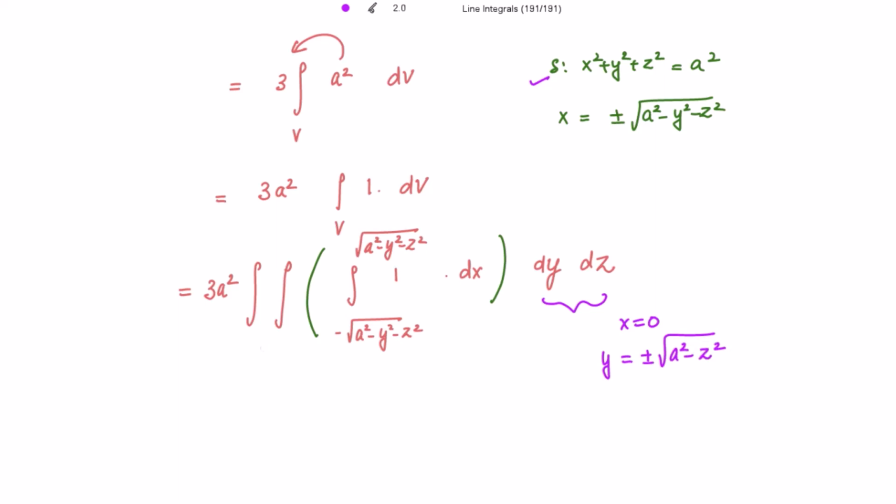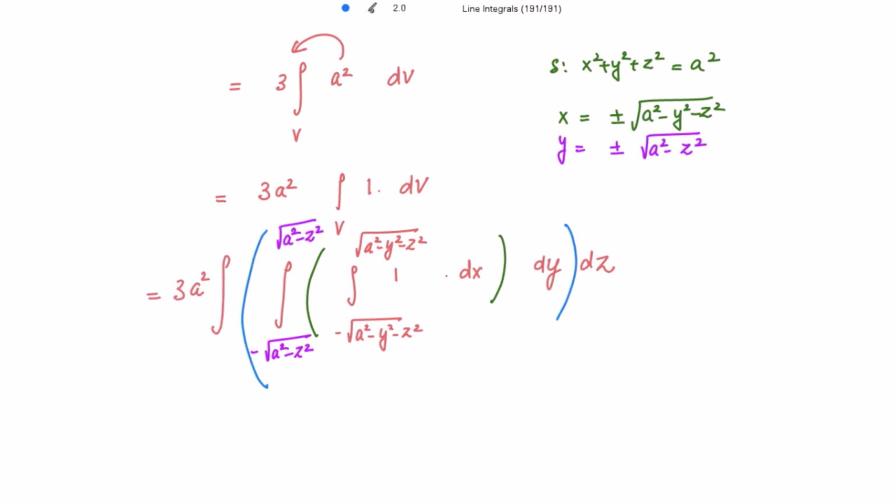So the limits of y becomes negative square root of a square minus z square and positive square root of a square minus z square. And then the limits for z, where x and y both are 0 for the z-axis. So from this surface, we get the limits of z as plus minus a. So this is minus a and this is positive a.